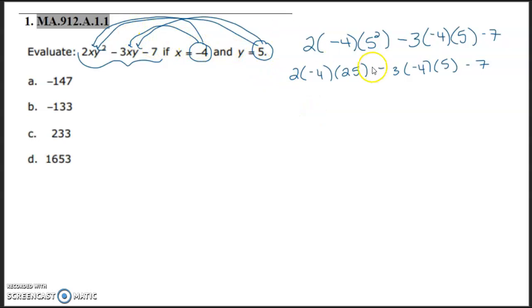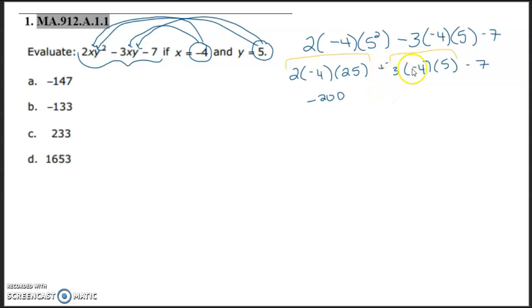When we have something like this, we actually have little areas of multiplication. So we have this group minus this group. Okay, so we're going to go ahead and do that. We have 2 times -4 times 25, which on your calculator is going to be -200. And then I'm just going to do that as plus negative.